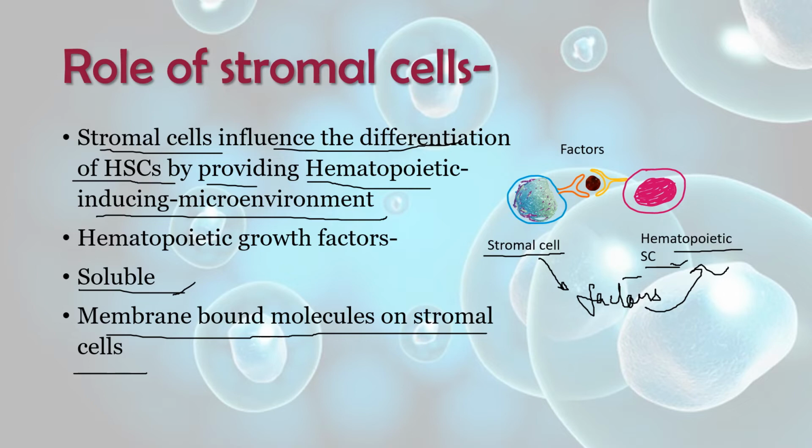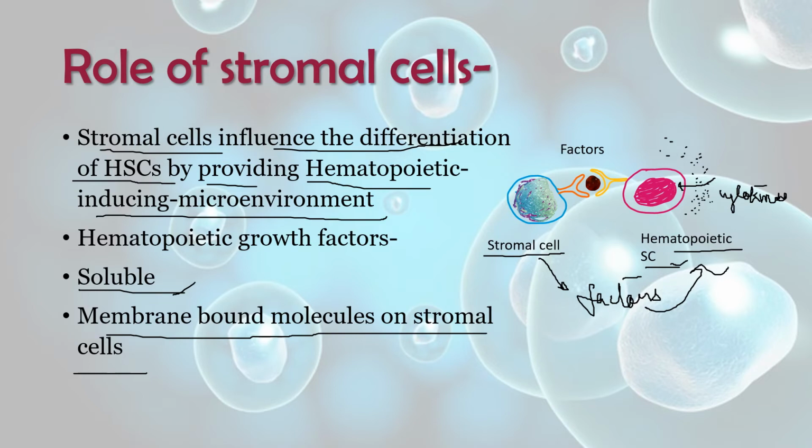So the soluble particles present in the surroundings arrive at the hematopoietic stem cells through direct diffusion, and these are basically chemicals, or we can say cytokines or hormones that give signals to the hematopoietic stem cells to get differentiated. The others are membrane bound molecules that are present on the stromal cell.